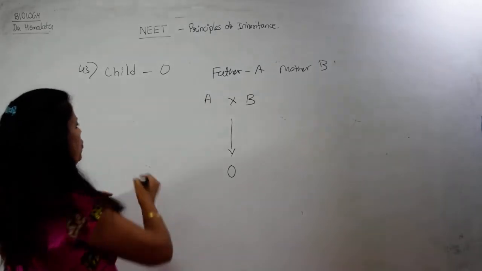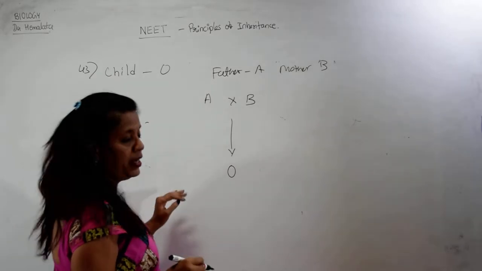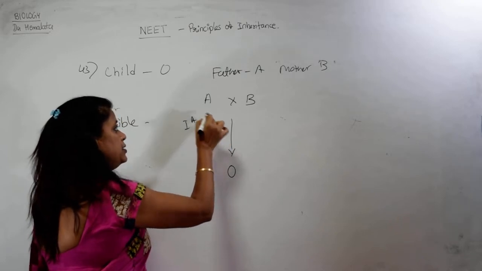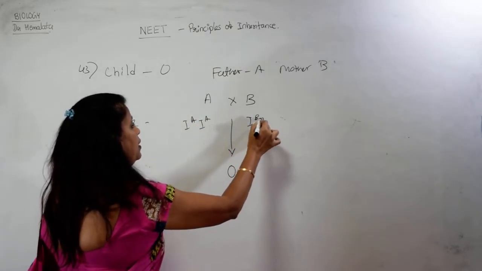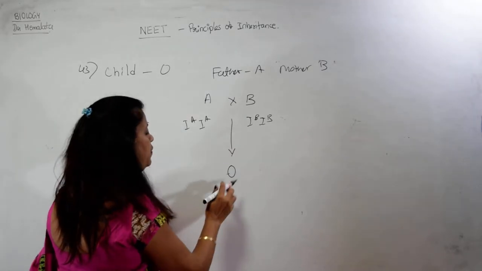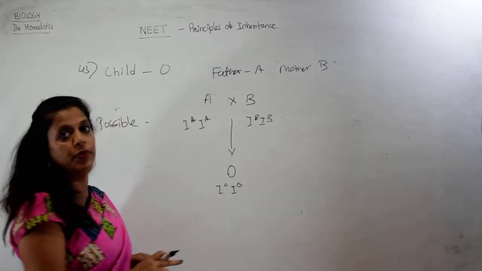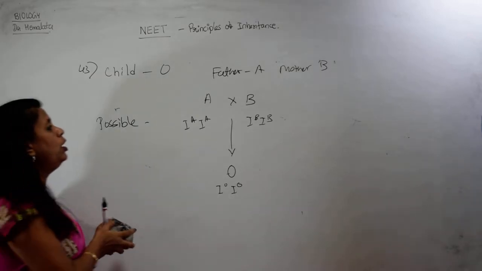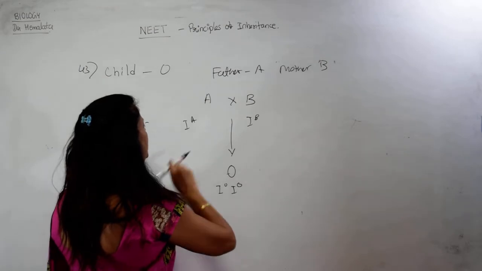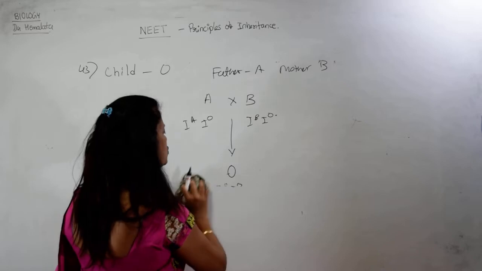If father is IA, or if it is IB, then you will get AB blood group here. So for the O blood group, what we require is genotype IO, means no allele should be there. Therefore the parents cannot be homozygous for their blood groups. They should be IAIO and IBIO. Then only they can produce this combination.